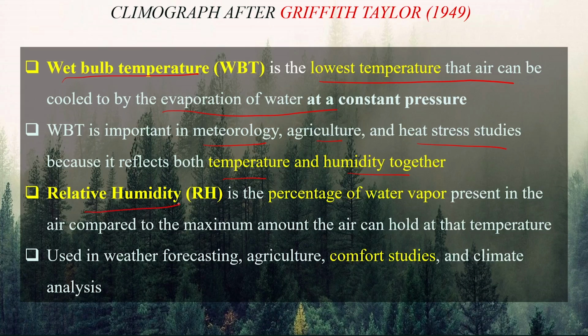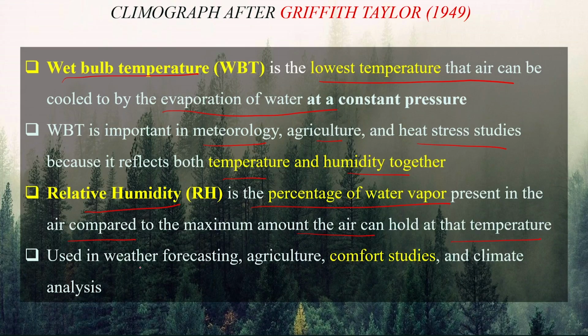Relative humidity is nothing but the percentage of water vapor present in the air compared to the maximum amount the air can hold at a temperature. These data are also used in various fields like weather forecasting, agriculture, comfort study and climate analysis.